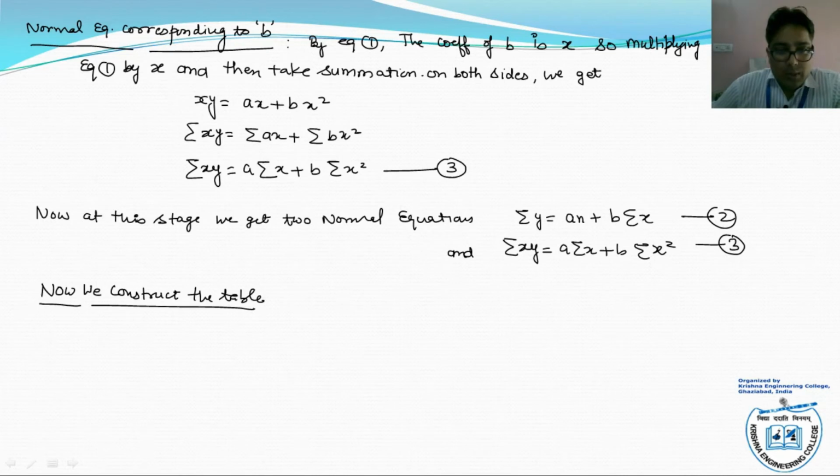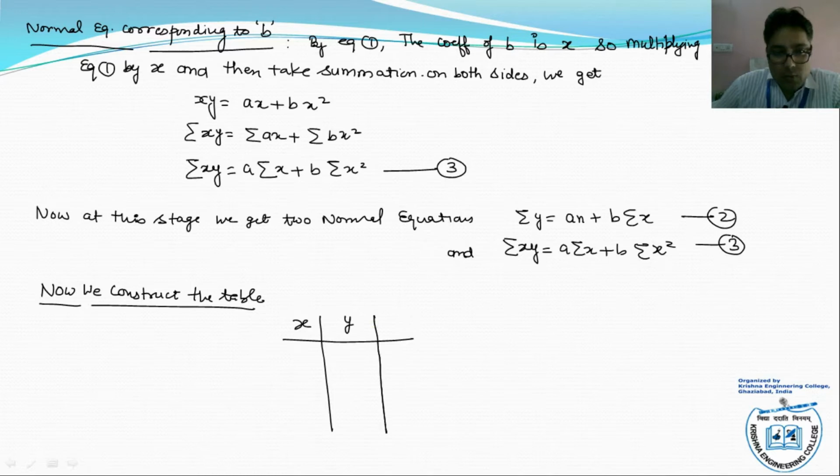So we draw the table for the summation sigma x and the columns corresponding to sigma y, sigma xy, and sigma x square.